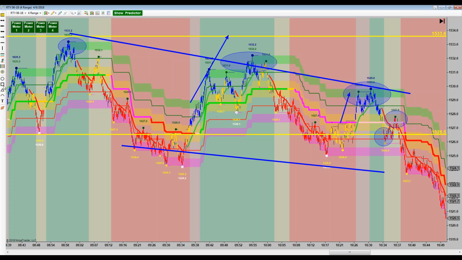In fact, would you say that this is a legitimate short trade right here? Do you have three conditions? One, two, three. Is that the third one? One, two, three. Short.